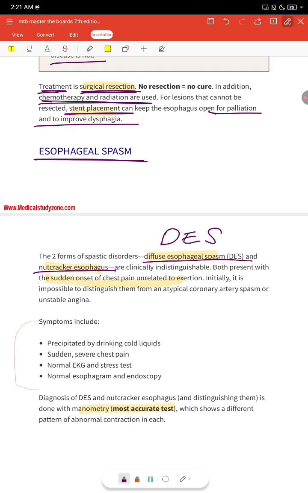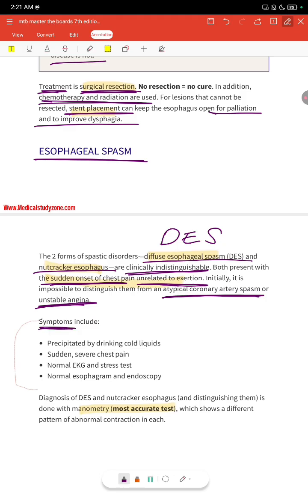These two forms are clinically indistinguishable. Both present with the sudden onset of chest pain unrelated to exertion. Initially, it is impossible to distinguish them from an atypical coronary spasm or unstable angina.